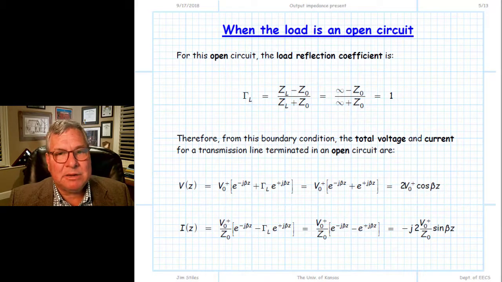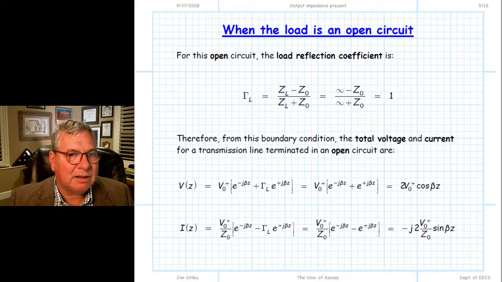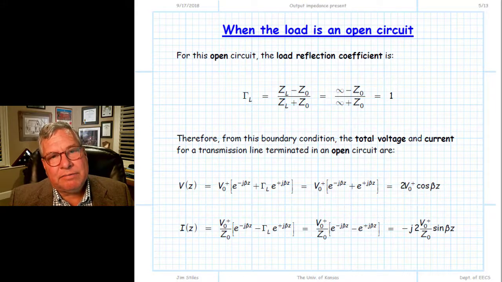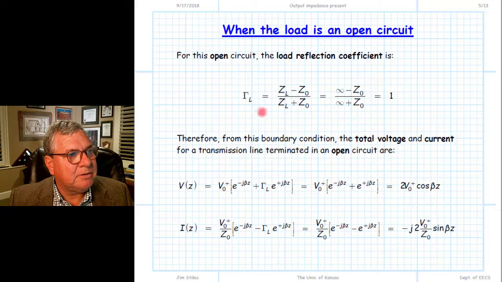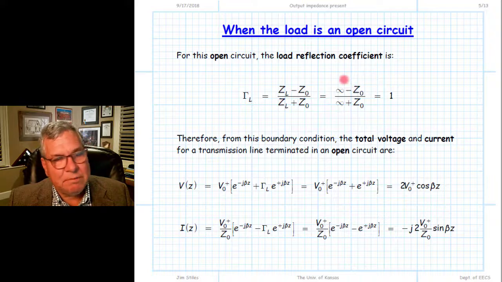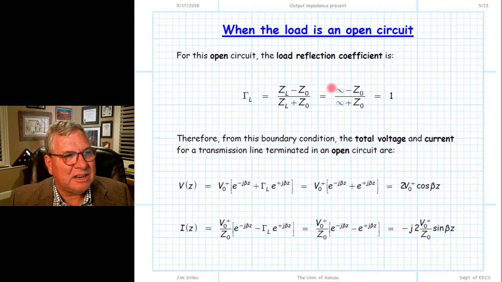Open circuit. That is an impedance of infinity, and we can calculate the resulting load reflection coefficient for an open circuit. So we take the definition of gamma L, and in the place of ZL, we put infinity. A little bit nebulous what a complex number infinity is. It's any complex number whose magnitude has a value of infinity.